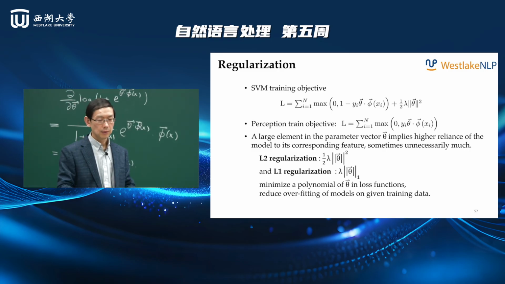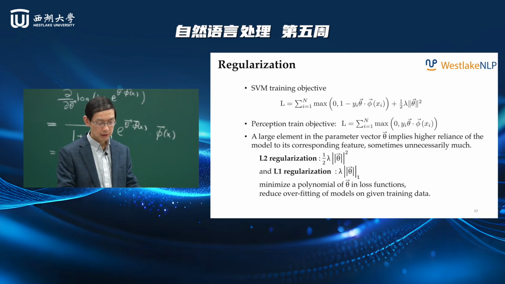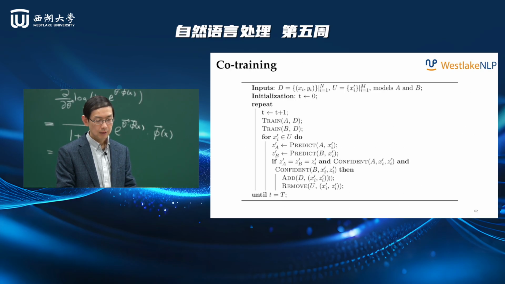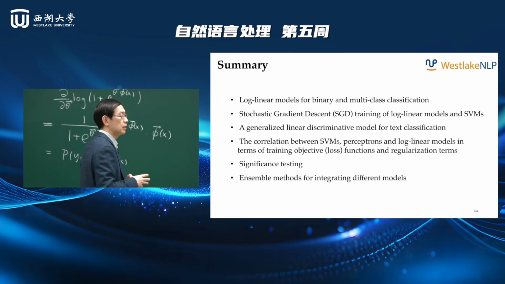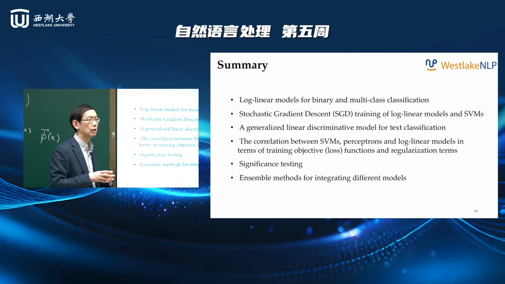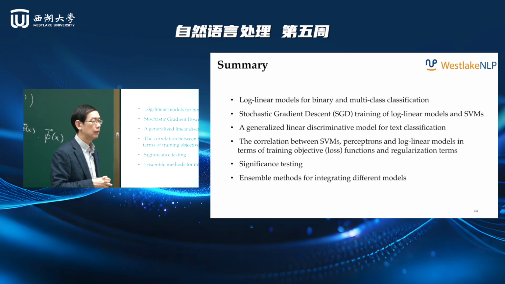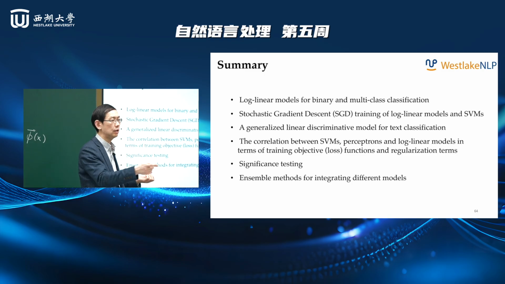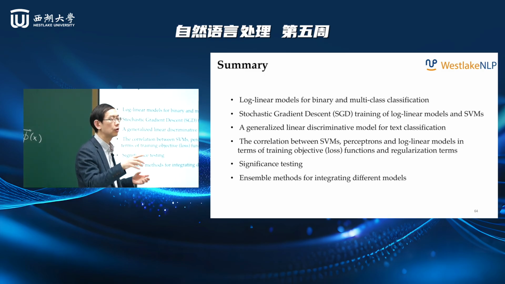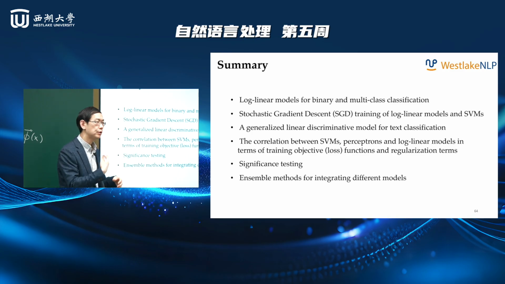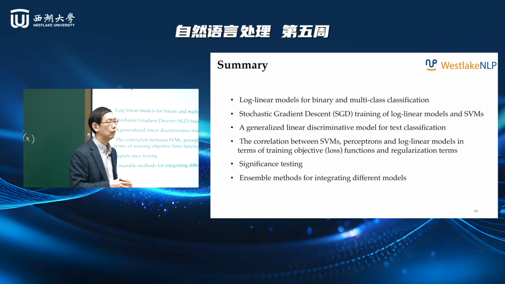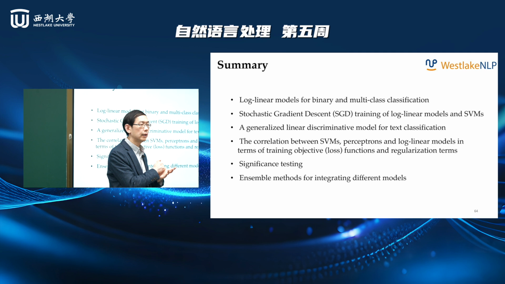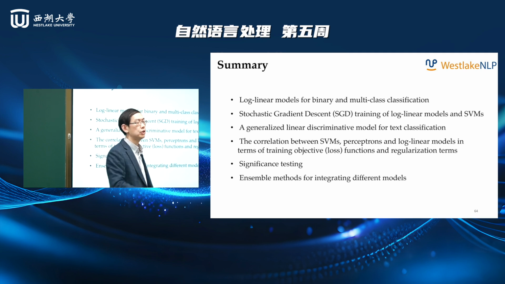All right, so let me skip the multi-model stuff. I leave it to you to read offline, and let me make a summary. In this week, we just learned a general linear model, which is called a neuron. The neuron parameterization is an activation function plus this theta dot phi. And we have seen different ways to define loss functions over a set of training data, with negative log likelihood loss and violation loss.